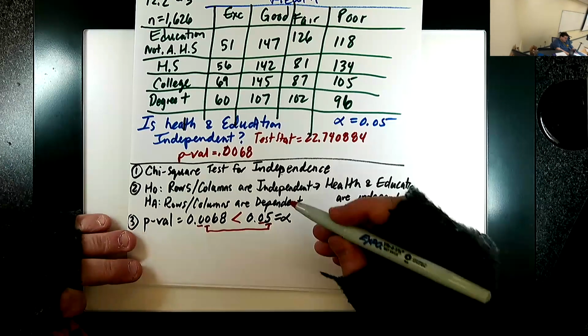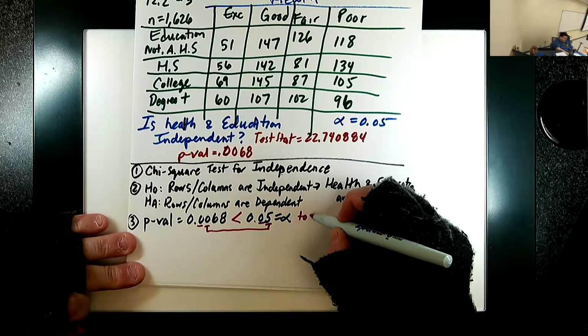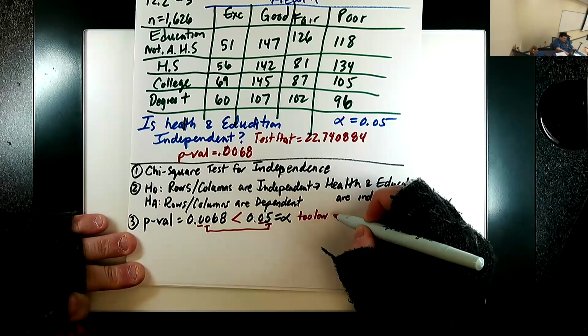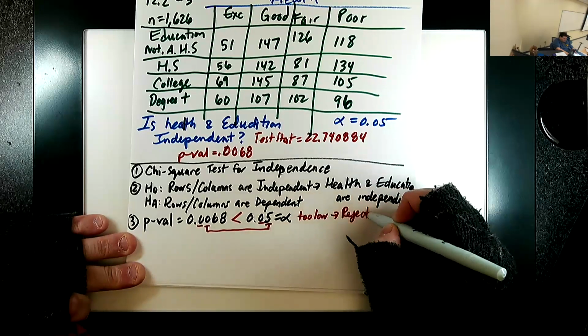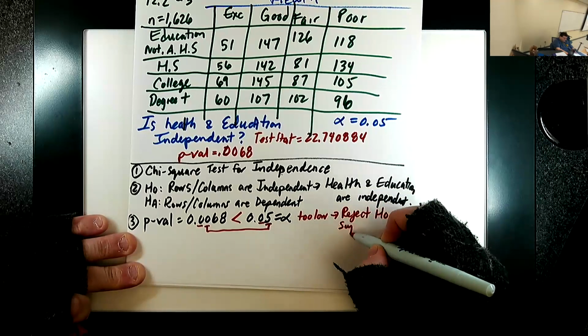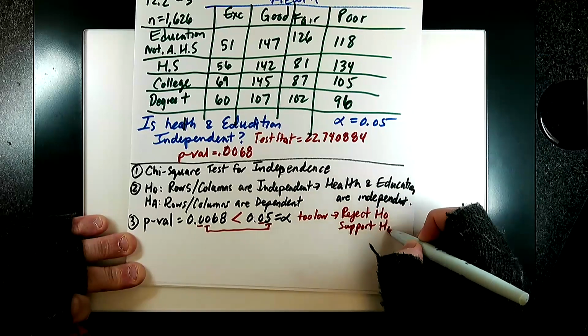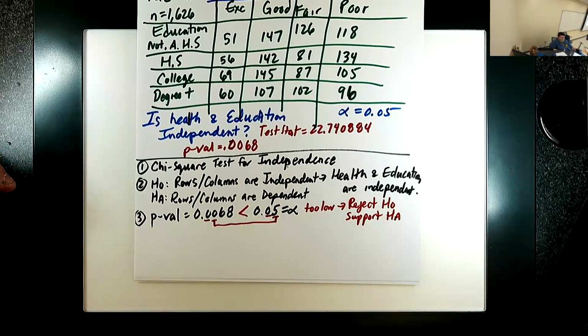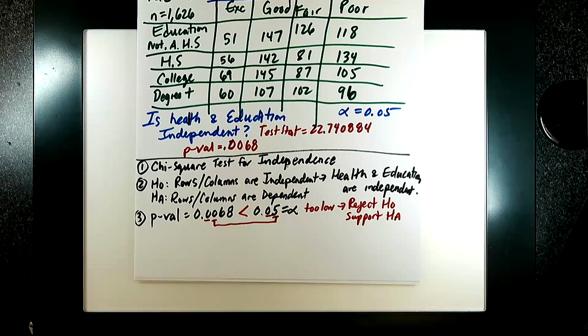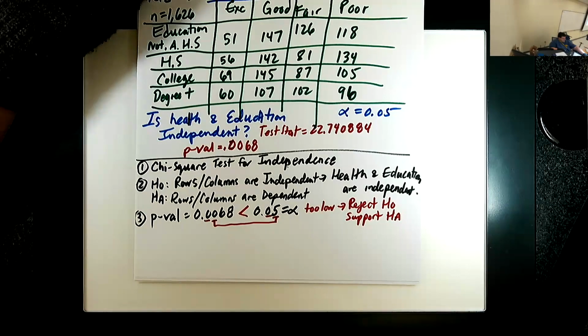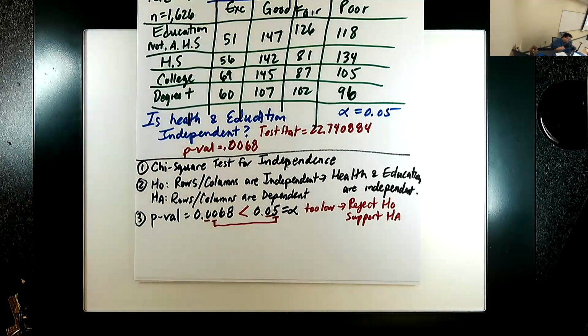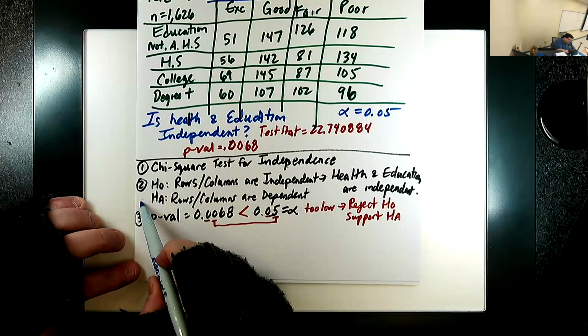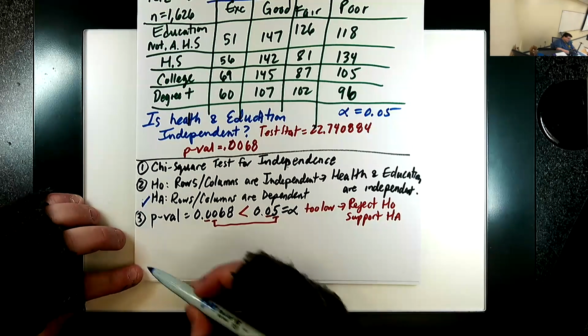So the p-value is less than alpha, it's too low. We're gonna reject H naught, support HA. And support means there is enough evidence. There is an HA where the rows and columns are dependent. That's the one we're going to support.